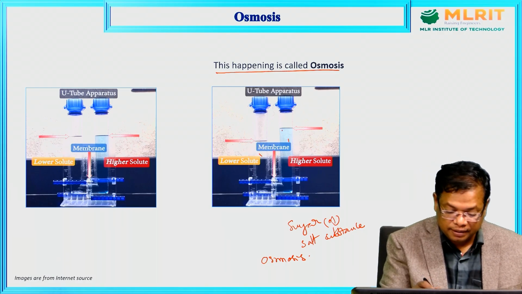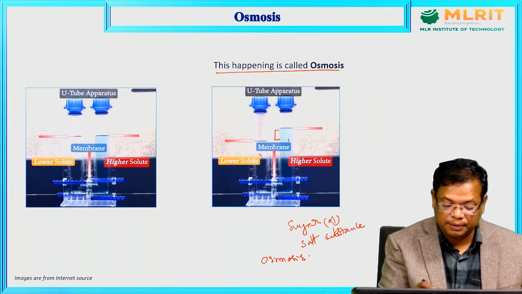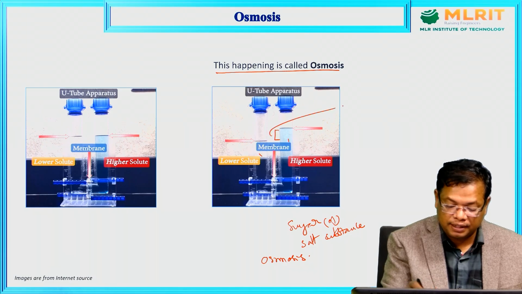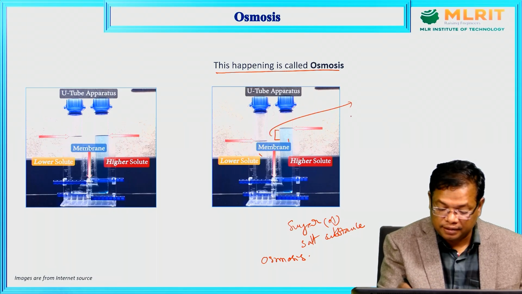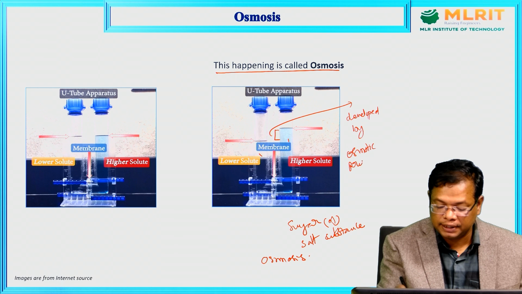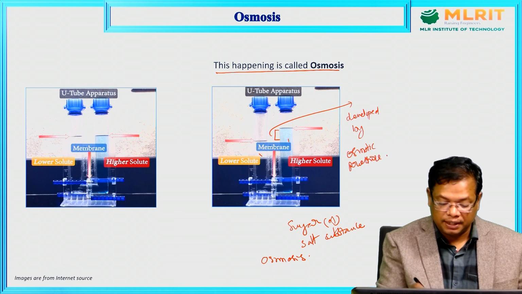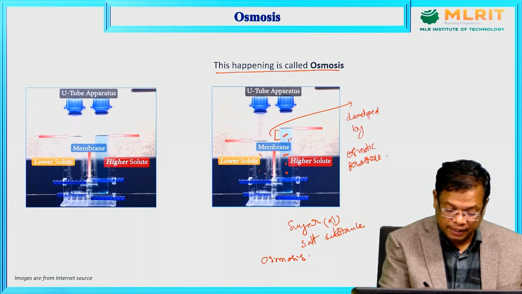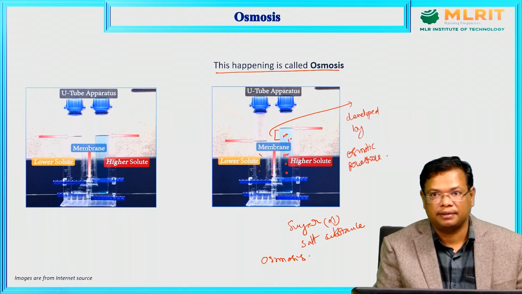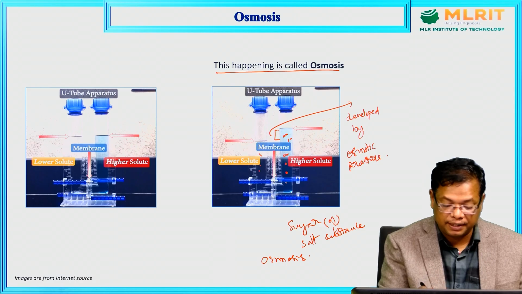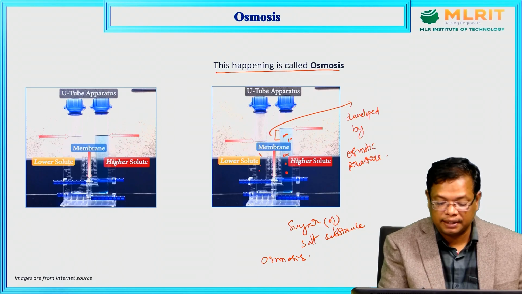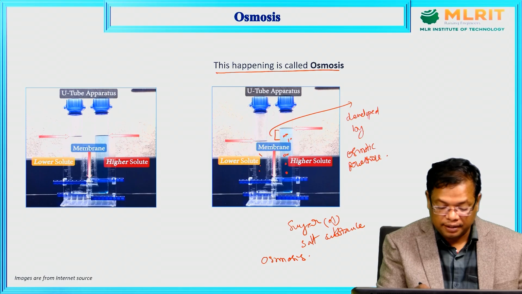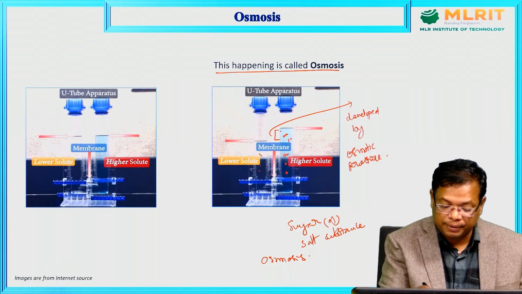So here, osmotic pressure will be developed. This is called osmotic pressure. Here are many concentrated particles, and here are fewer solute particles. So this fresh liquid is always going towards the highly concentrated solution. When it is happening, the osmotic pressure is developed.